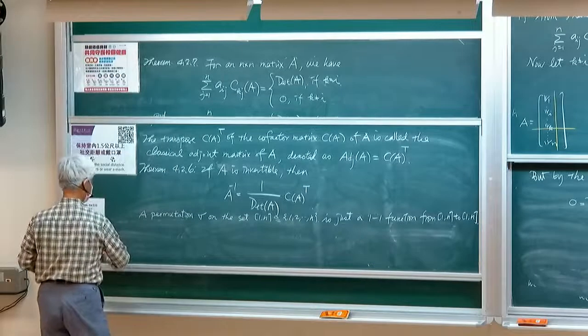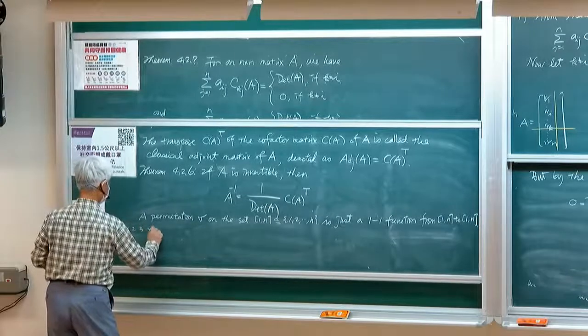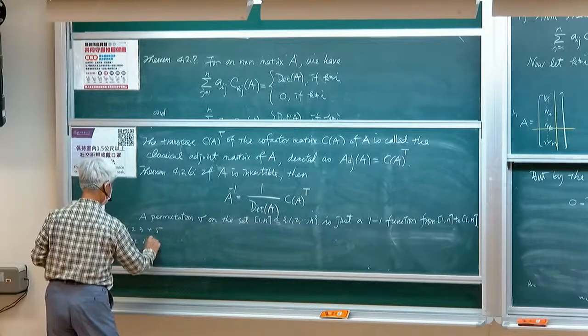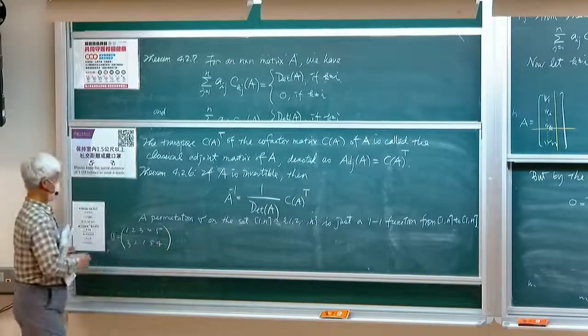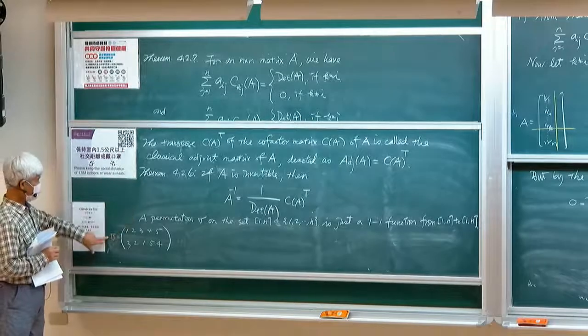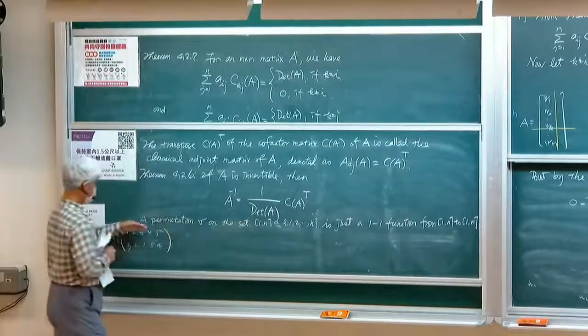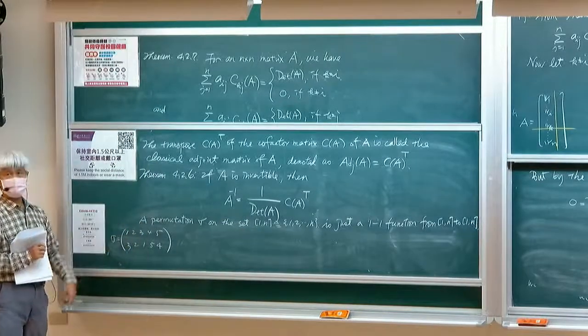It's very common to represent a permutation, for example on 1 to 5, by using two arrays.